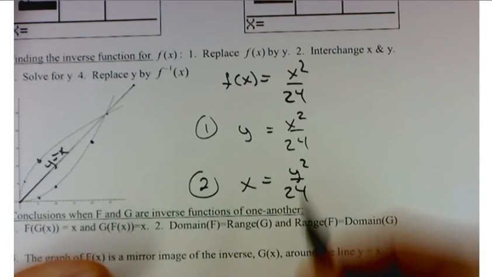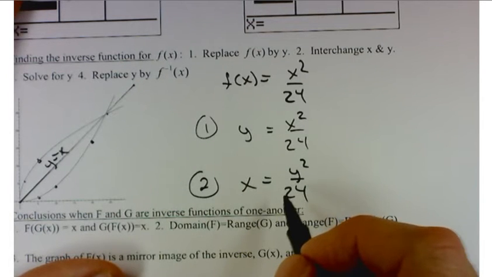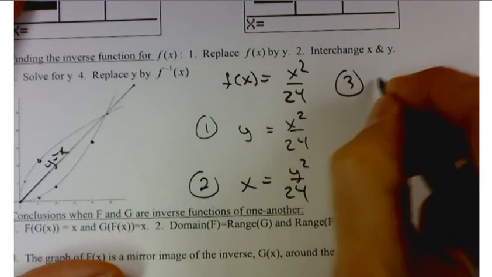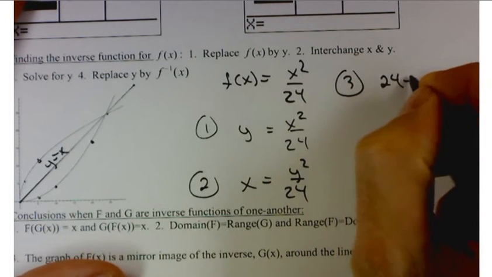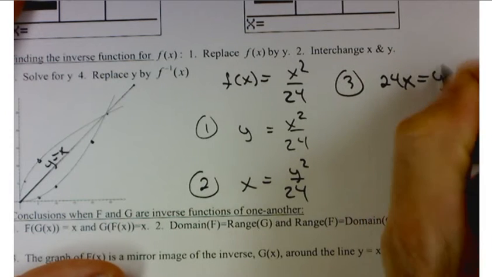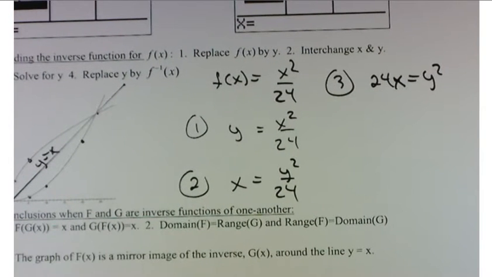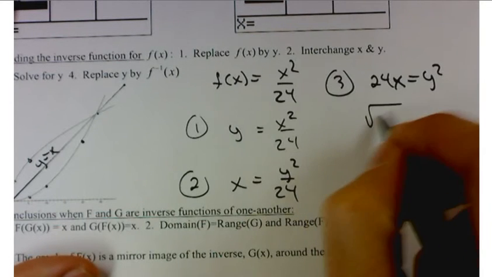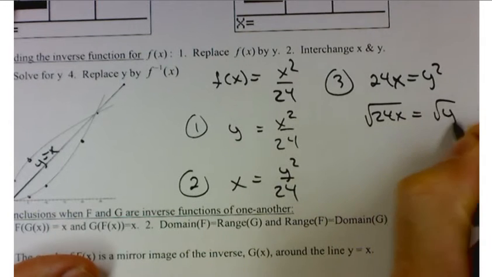The first thing I would do in terms of solving for y would be to multiply both sides by 24 and get 24x equals y squared. Almost done. I'll take the square root on both sides. Square root of 24x equals the square root of y squared.